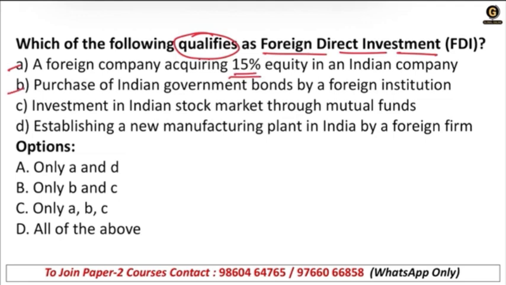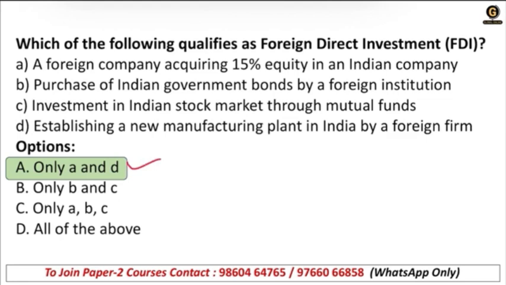B, purchase of Indian government bonds by foreign institutions. C, investment in Indian stock market through mutual funds. And D, establishing a new manufacturing plant in India by foreign firms. Options are: only A and D, only B and C, only ABC, or all of the above. So the right answer is A and D only.